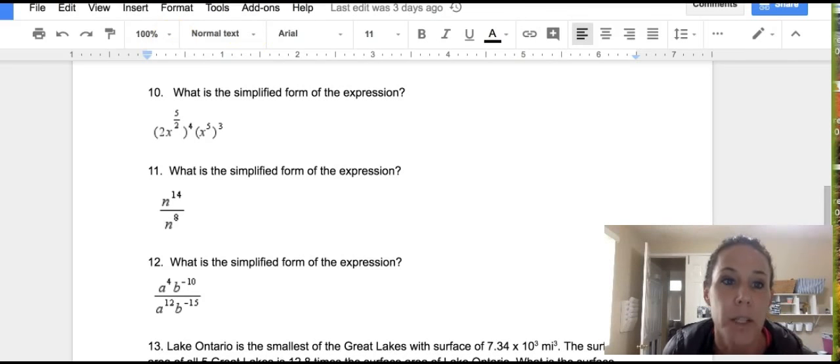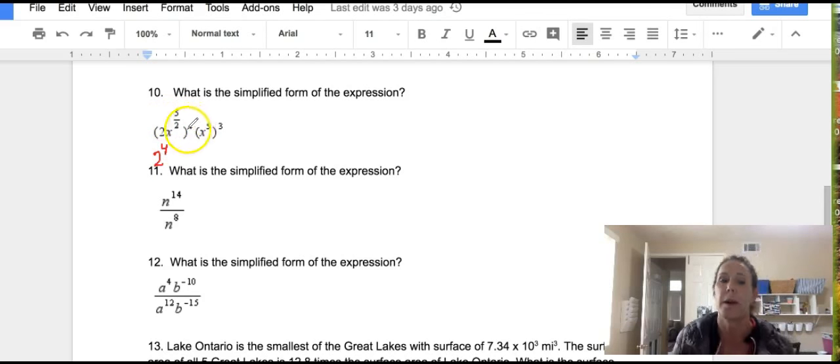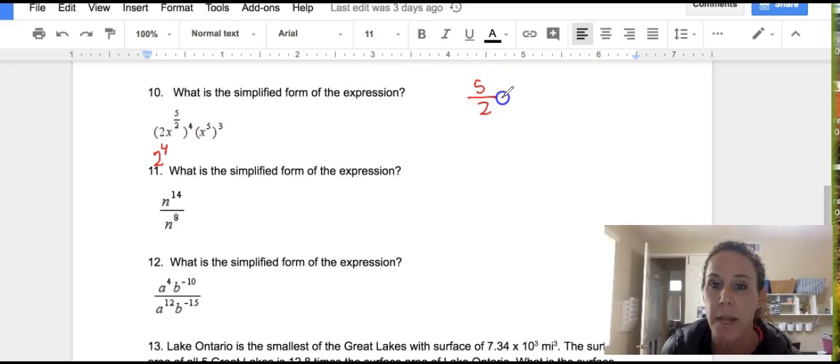All right, so let's do that. So I'm going to take this. This is going to be 2 to the 4th power. Make sure you take both of these to the 4th power. And this is x to the 5/2 to the 4th power. Remember, a power to a power is a multiplication. Okay, so if I multiply 5/2 times 4, that's the same as 4 over 1.